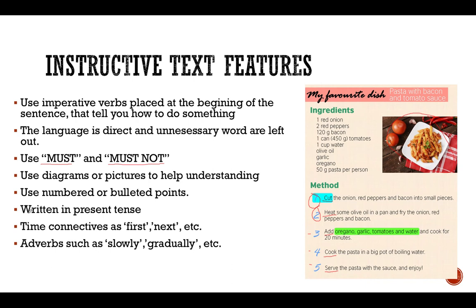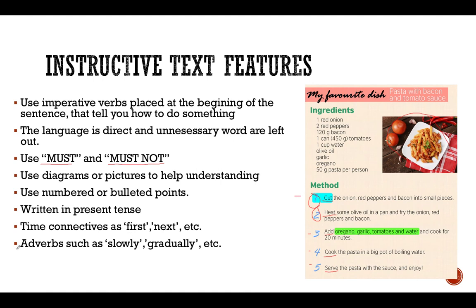It's really important to remember that this kind of text is written in the present tense. Especially we can notice this in the imperative verb. Cut the onion, red peppers and bacon into small pieces. It's also really useful to use time connectives, for example, first you have to do this, next you have to do the other thing, or numbered points or bullet points.